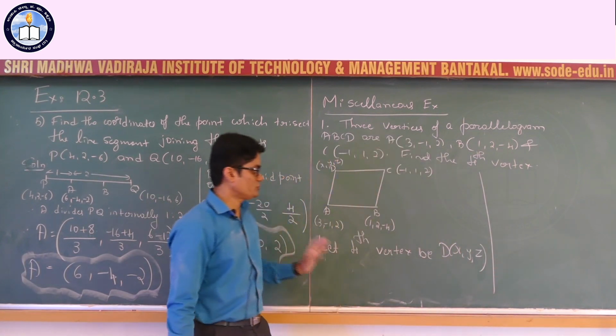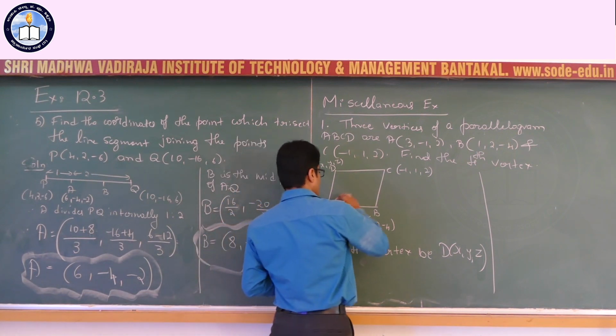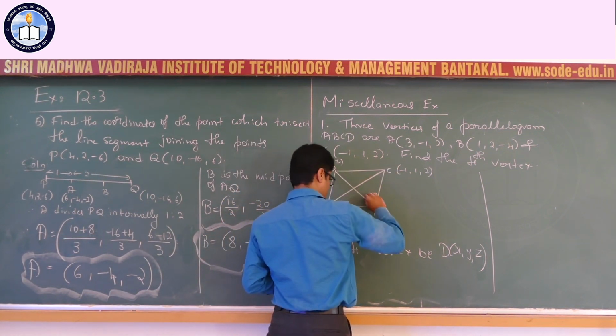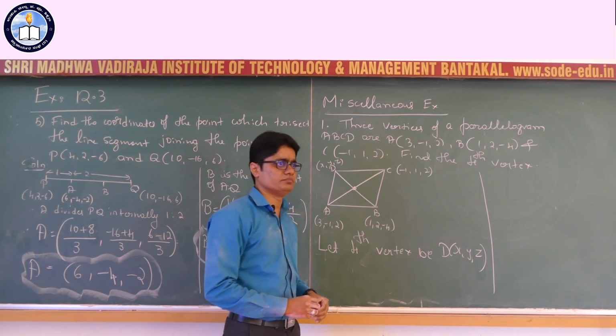Now if I take the fourth vertex like this, x, y, z, how to get it? See, draw 2 diagonals and use one property of the diagonals. What do you know about the parallelogram?